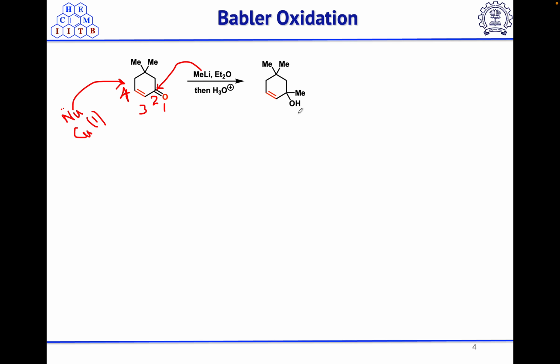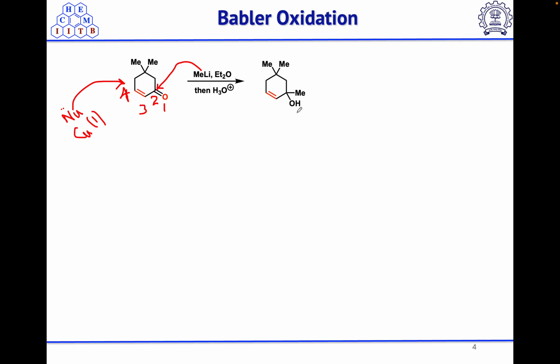But if we have a tertiary alcohol, we will not get any product. But interestingly, this substrate is a tertiary alcohol, but it is also an allylic alcohol. This is the olefin, and with respect to this olefin, this alcohol is allylic alcohol.